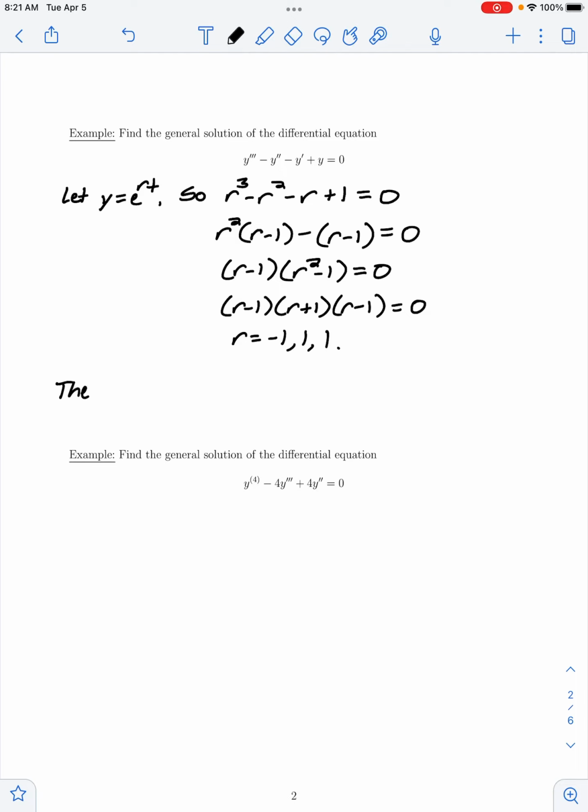So our general solution, y of t, is then given by c1 times e to the -1t plus c2 times e to the 1t plus c3 times t e to the t.